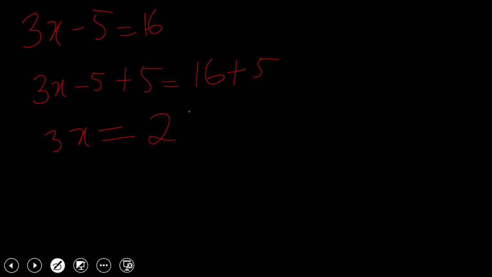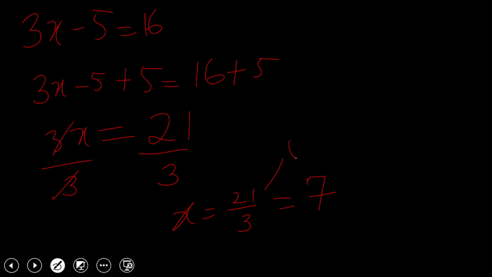That's 21. So you divide both sides by 3, the coefficient of x, and then you have x equals 21 over 3, which is equal to 7. This is like 21 biscuits shared among 3 students. So you have 7 as your answer.